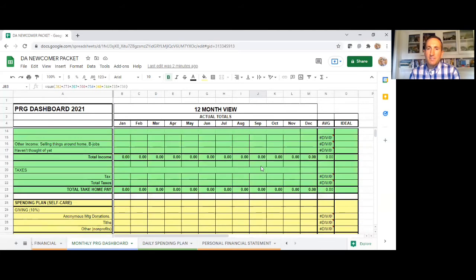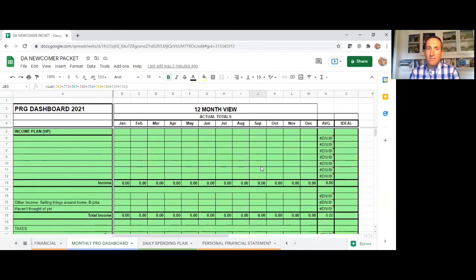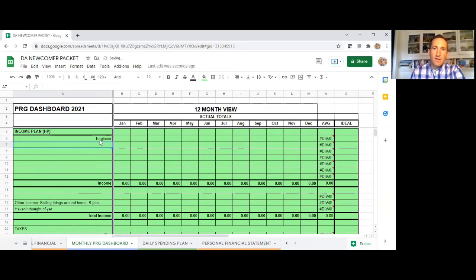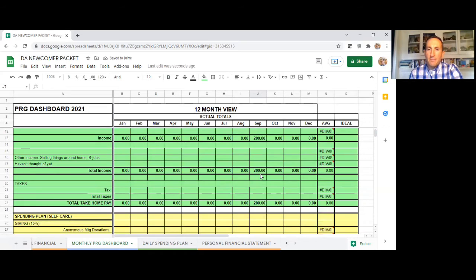But let's say, just for easy numbers, we have a job and we are an engineer. Okay? And for September, we brought home $200. $200 is going to go here. It's going to add up to the total income number.